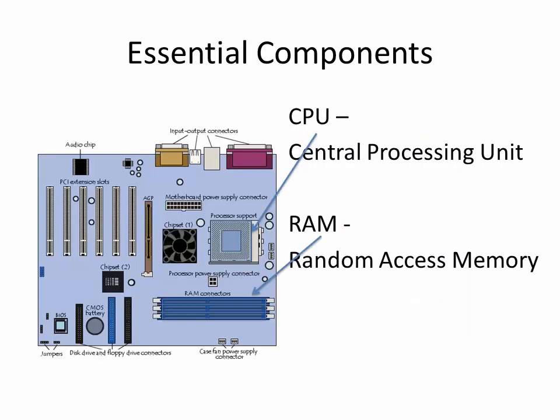So this is a more structural view where I want to highlight two units on this main board. That is the CPU, the central processing unit, which is your main processor doing all the calculations.